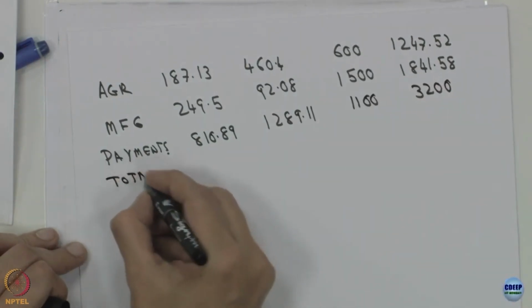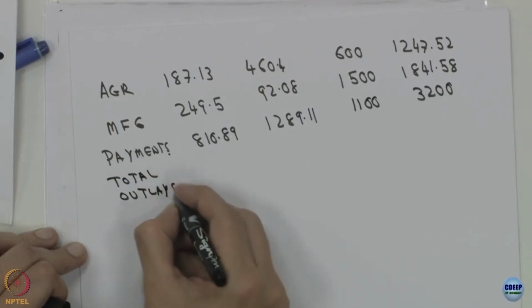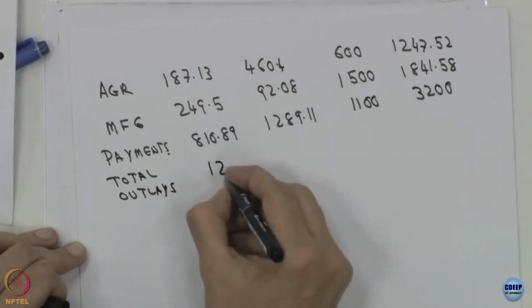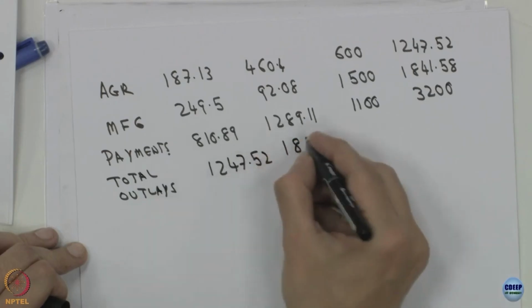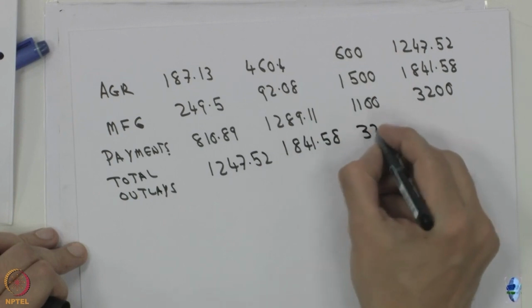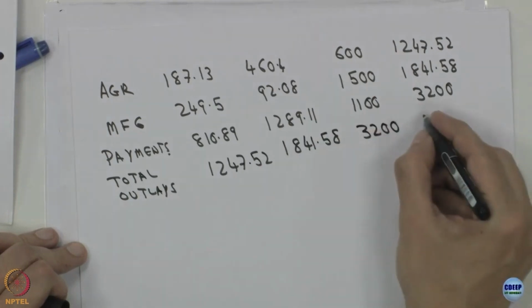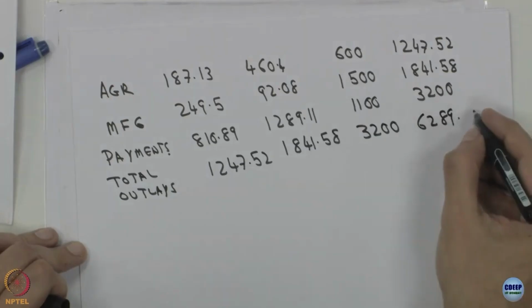Total outlays, you can add this, will be 1247.52, 1841.58, 3200, 6289.10.